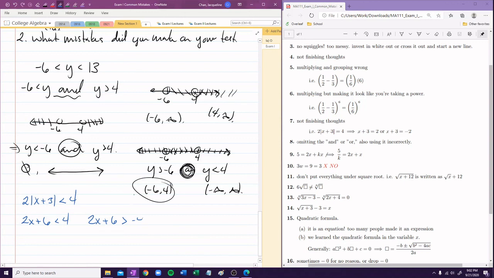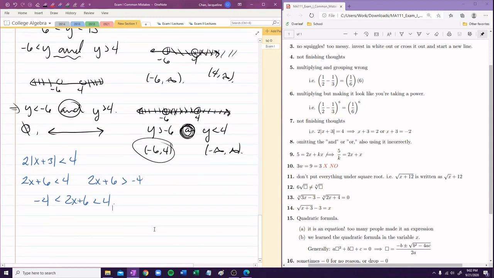Wait, hold on. Okay, another way to write that would have been negative 4 less than 2x plus 6 less than 4. Yeah, that's not right. Okay, you have to isolate the absolute value first.